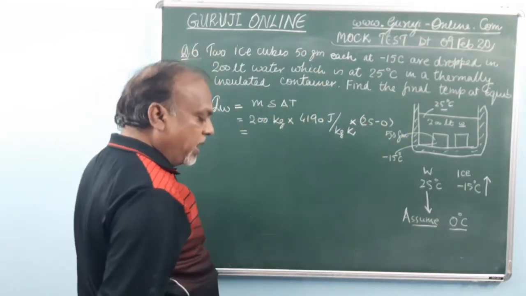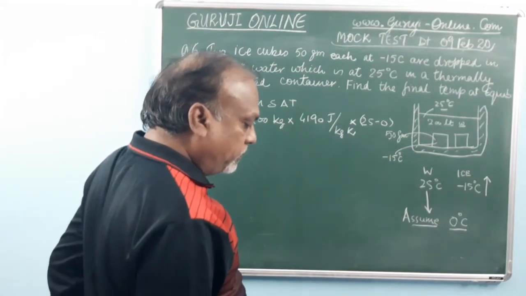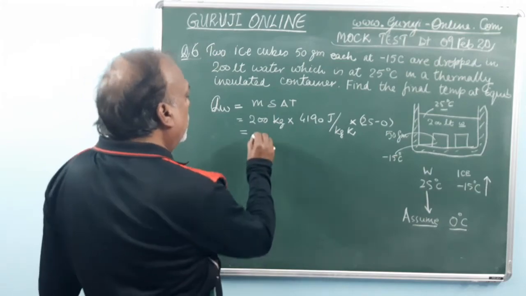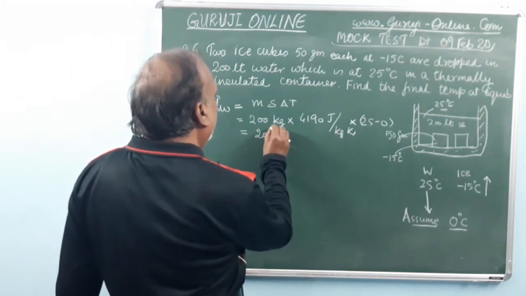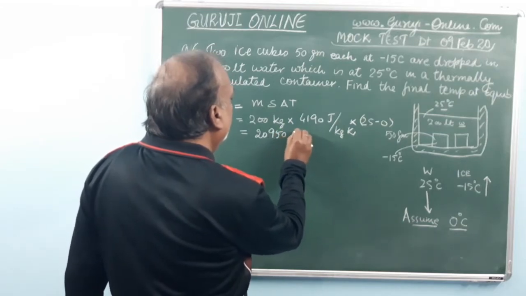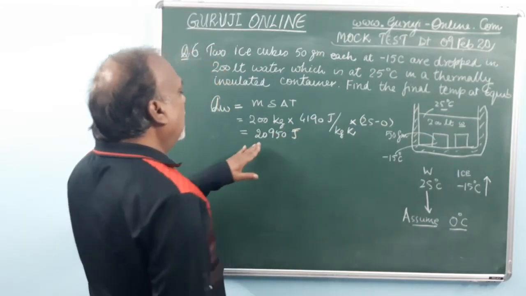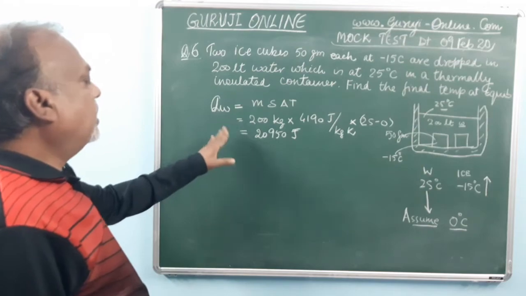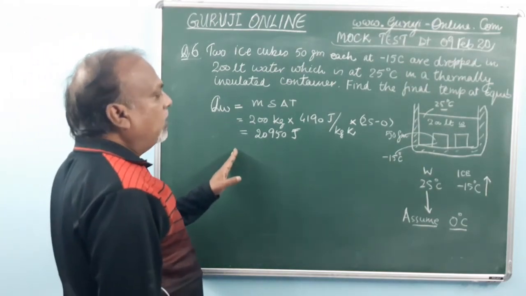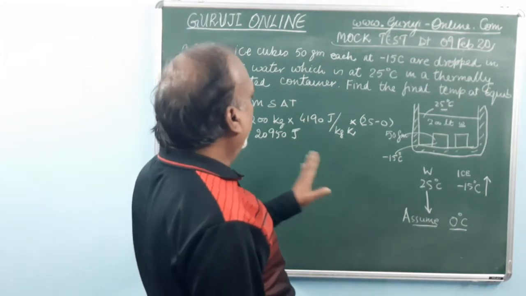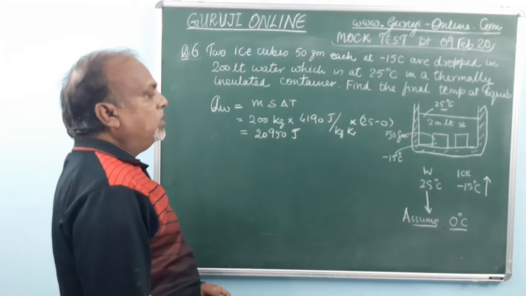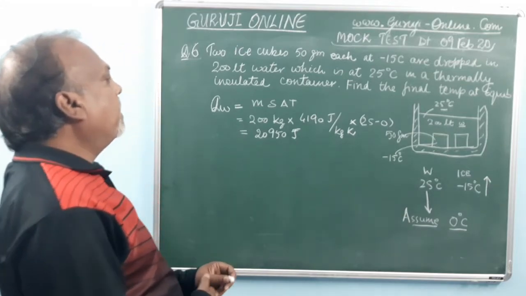This is coming as 20,95,000 joule. So this is the heat energy this water will give out to ice when its temperature changes from 25 degree to 0 degree centigrade.